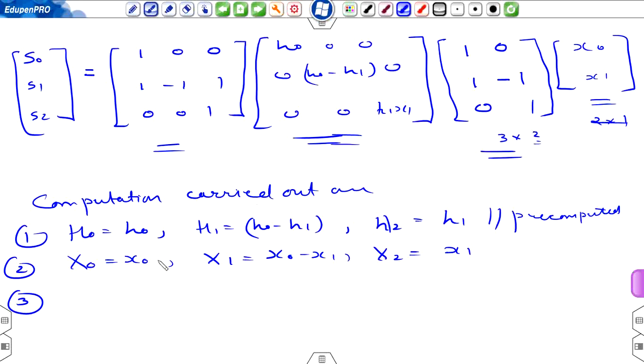Okay, so in step 3, capital S0 is H0 into capital X0, that is H0 into X0. S1 is equal to capital H1 into capital X1.